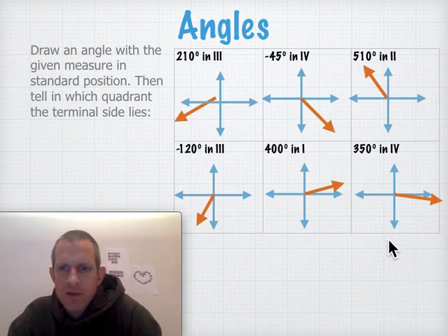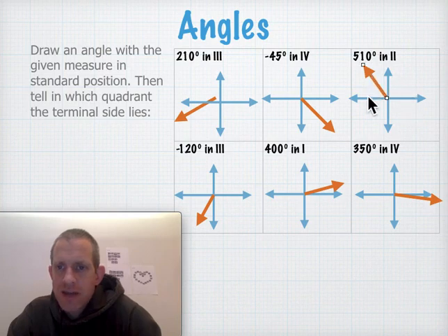Now, I really wanted to take a closer look at this 510 one that we had done before the break. That is similar to an angle like more than 90 and 180. It's like 150, and in fact, I could draw this more perfectly if I knew exactly how far this needed to be.